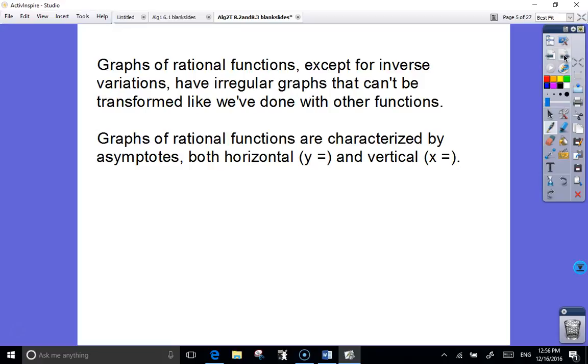But we will study their characteristics, and you'll see what that's about in a minute. I imagine that next year in math analysis you will graph the rational functions. We're going to take 4 or 5 steps along the way, and there may be 1 or 2 left to go, and you can do that if they have you do that.